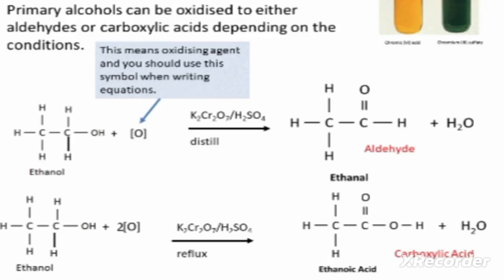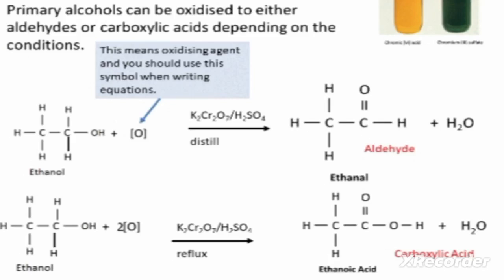Primary alcohols can be oxidized either to aldehydes or carboxylic acid depending on the conditions. As we can see, we have two reactions here. So this means oxidizing agent, and you should use this symbol when writing.